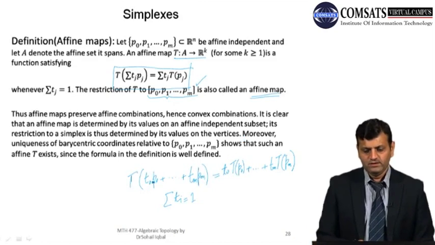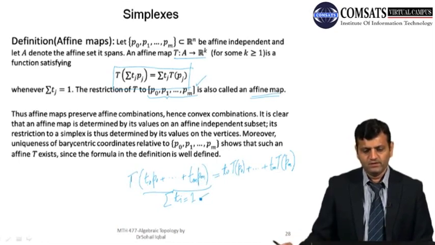You can see that these ti are not changed when I apply T on this affine combination, and this relation is not changed, so they preserve affine combinations. And of course convex combinations, because in a convex combination everything remains the same, and there is the extra condition that these ti are greater than or equal to 0.